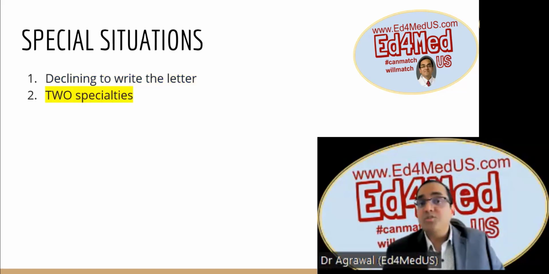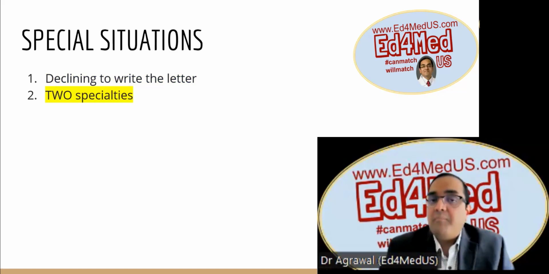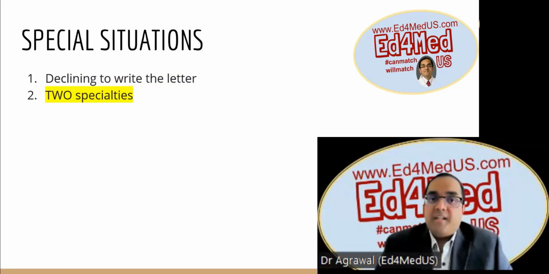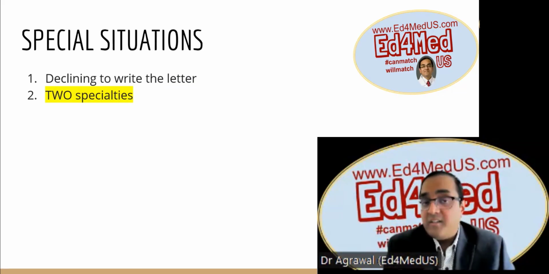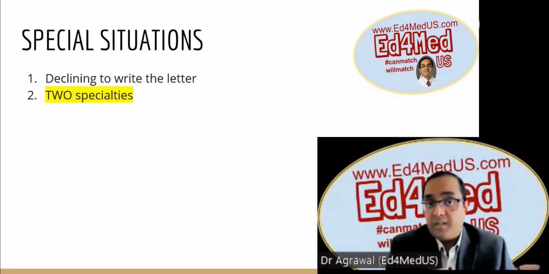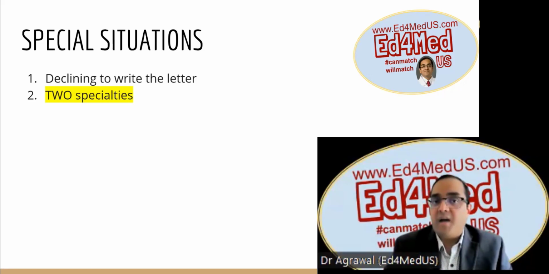Now, what if you apply to 2 specialties, say internal medicine and family medicine? That's where it gets a bit tricky. Either you could have a single letter and not specify the specialty, like one of the letters I showed you, or you can have them write 2 different letters, one for internal medicine, one for family medicine. I think the first option would be better.